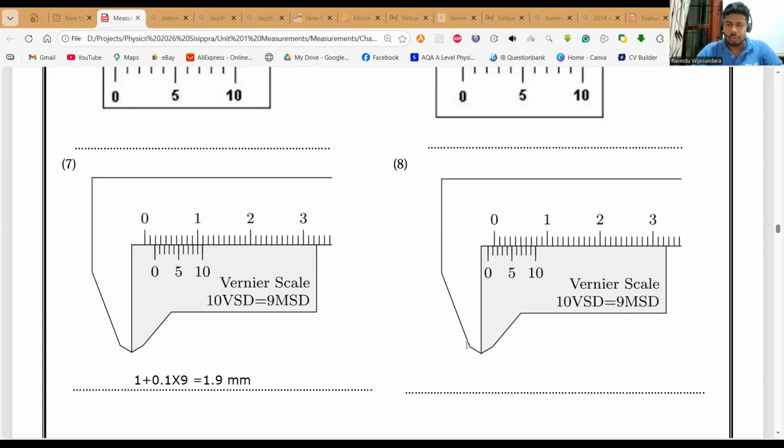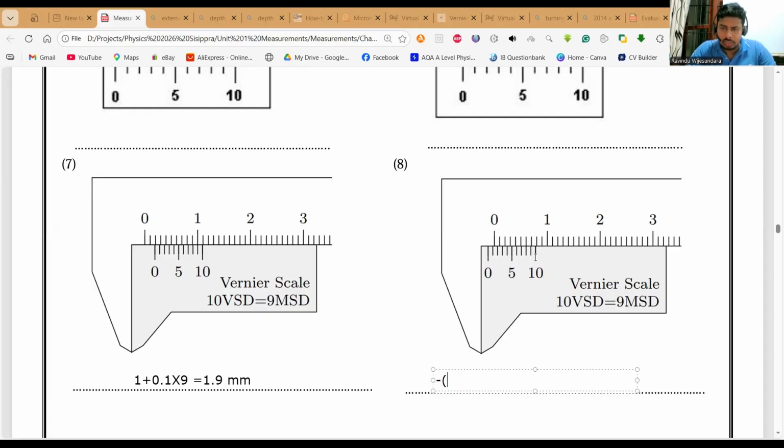Right. If you go to the next one, it is a negative zero error. The negative mark, you better first put the negative mark, then you check here. So this is the ninth mark, and this is the eighth mark. So this is taken as zero, and now the vernier zero has already passed the second mark in the main scale. This is the zeroth one. This is the first one.